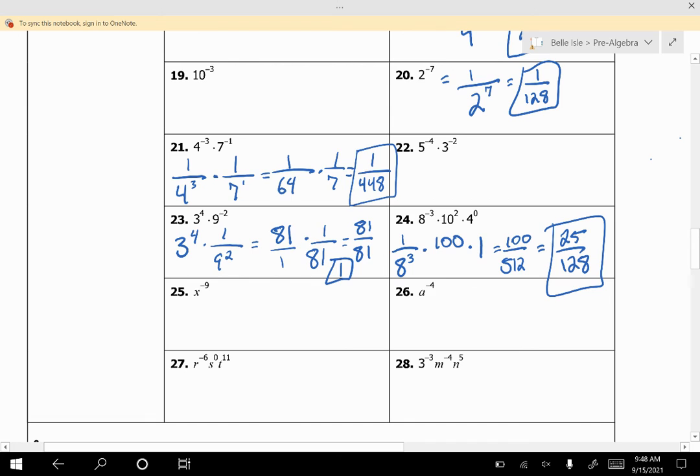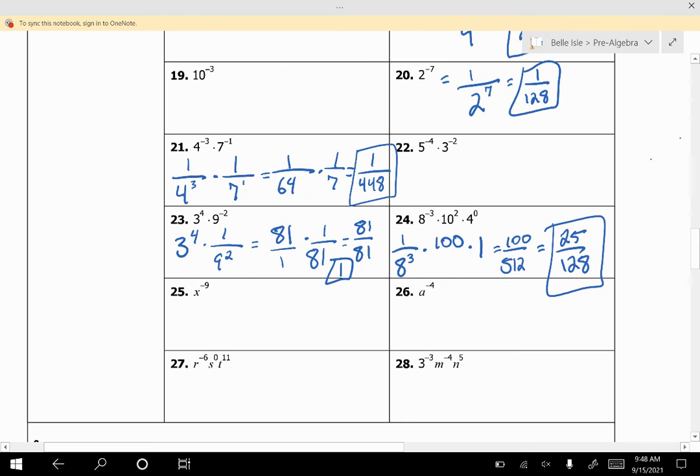So 1. 24, you have 8 to the negative third times 10 to the second times 4 to the 0 power. Okay, so you have 1 over 8 to the third, which is 1 over 512, times 10 to the second power. What's 10 times 10? 100.